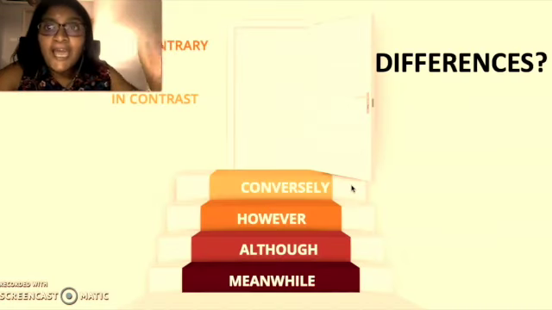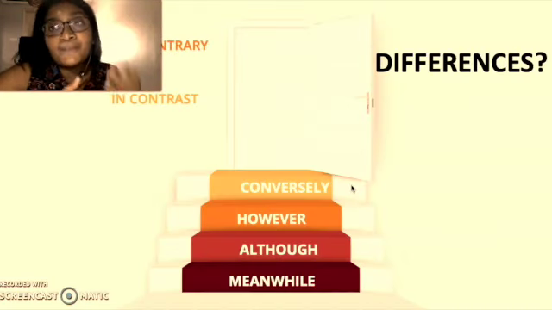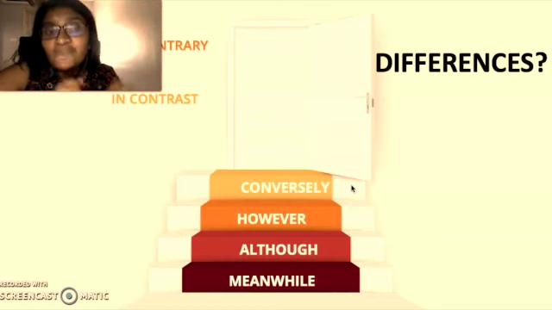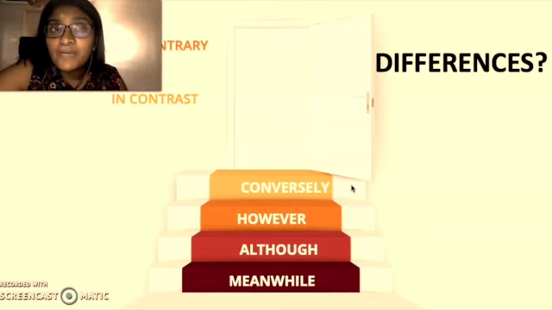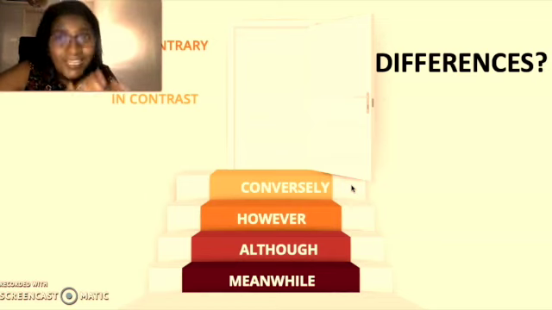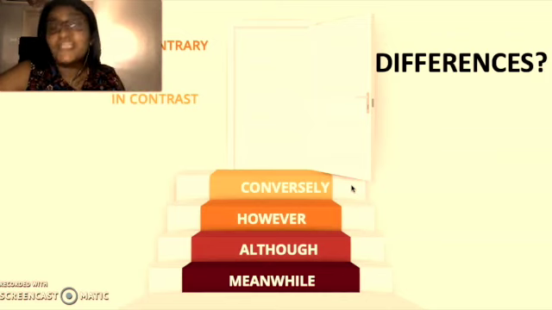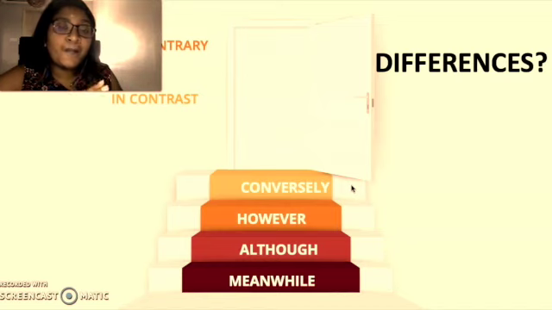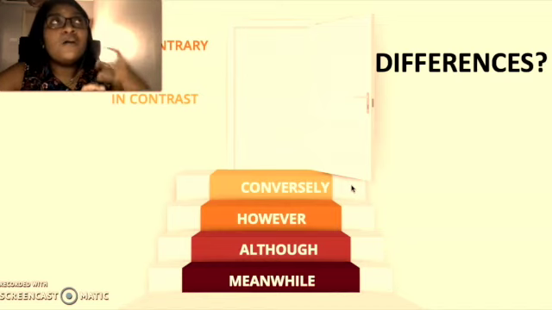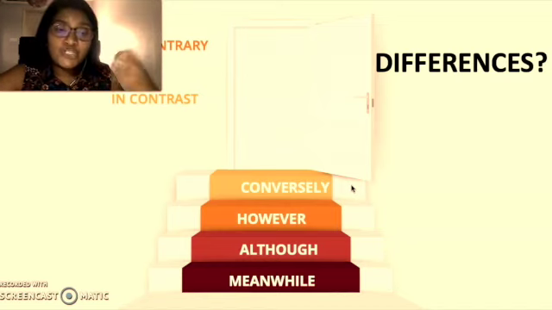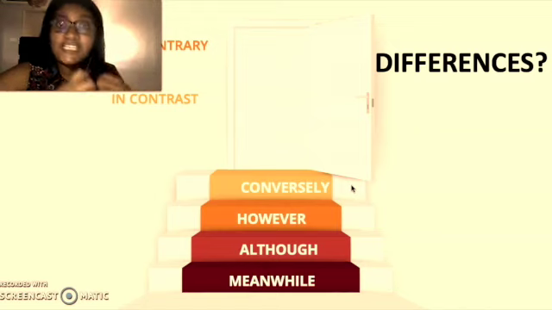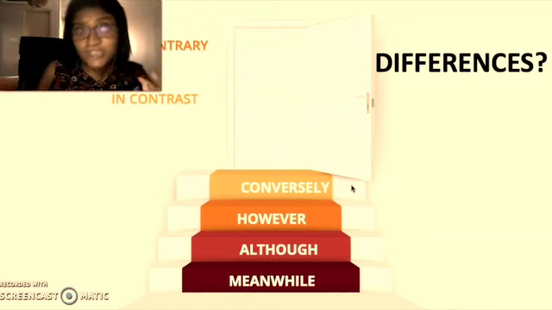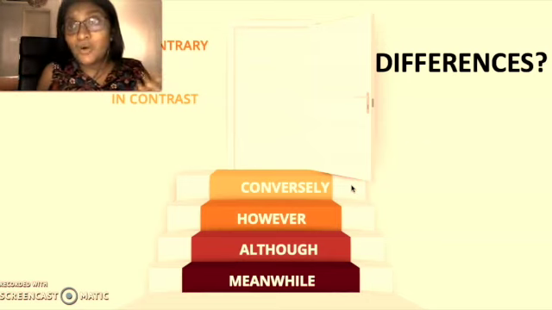All right, and then differences. I'm pretty sure that you are going to discuss a lot of differences when it comes to a compare and contrast essay, because that is the main goal of a compare and contrast essay. You want to look at the differences and then try to provide an option for the reader to look at the particular subject in two different approaches, and you want them to decide on their take.